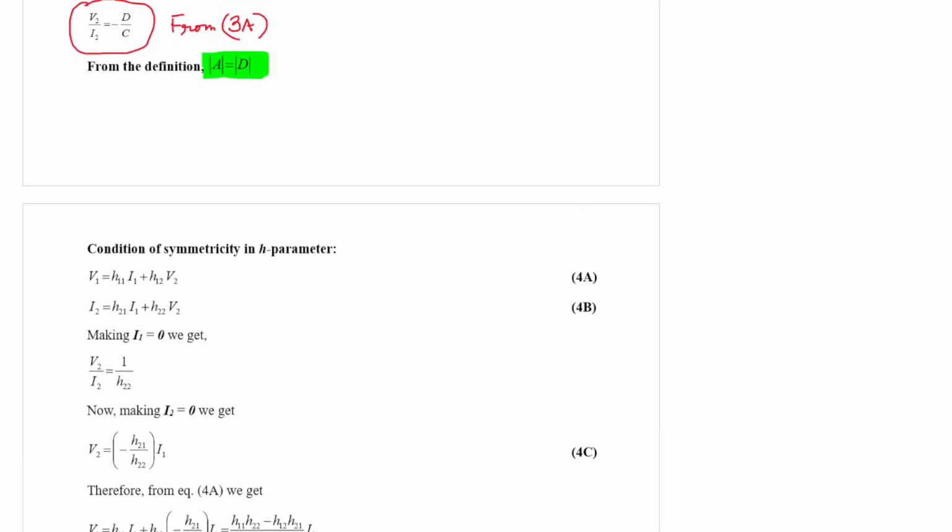Lastly, we have H parameters. Let us say we have the definition V1 is equal to H11 I1 plus H12 V2, and I2 is equal to H21 I1 plus H22 V2.